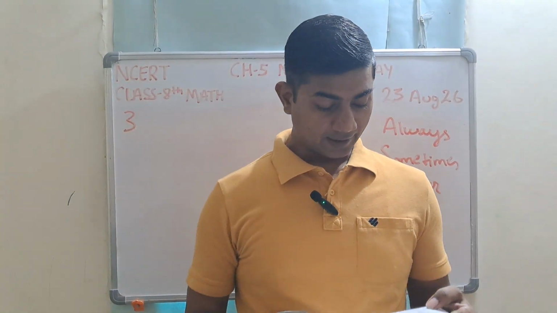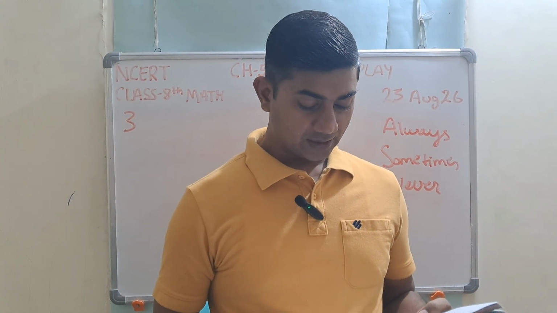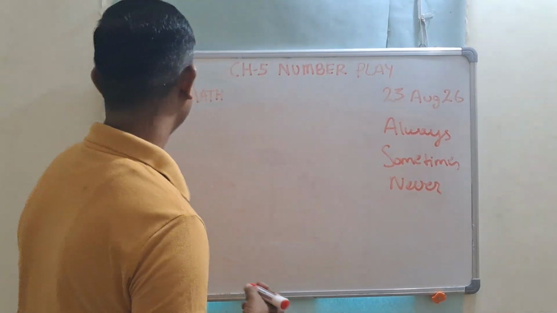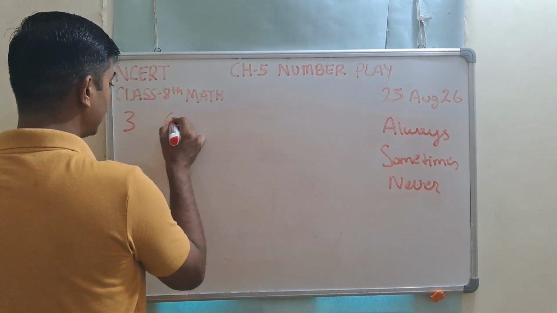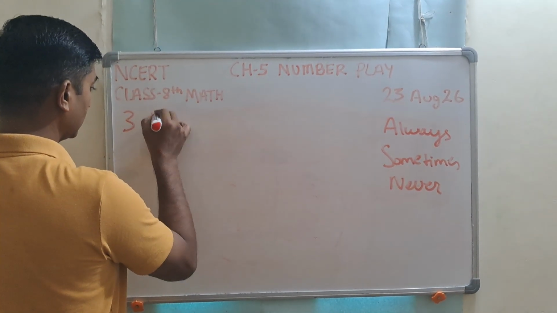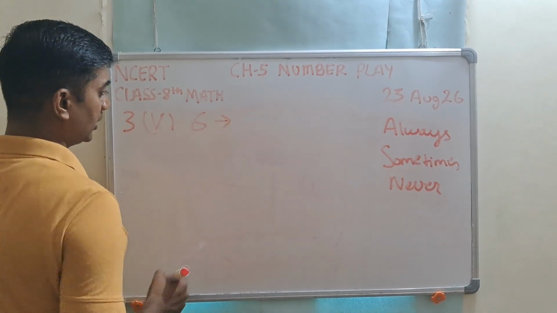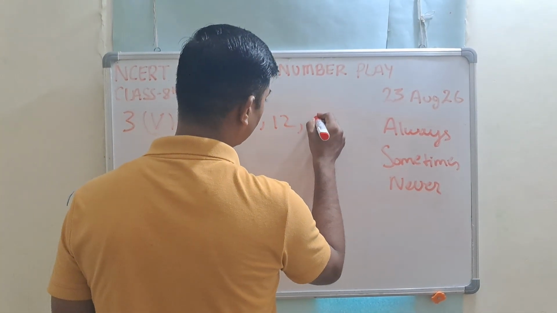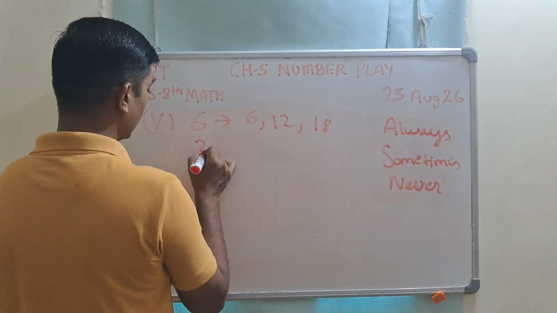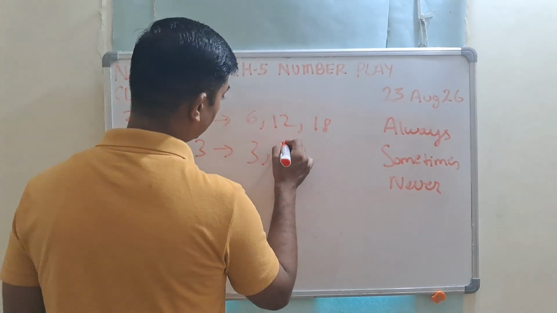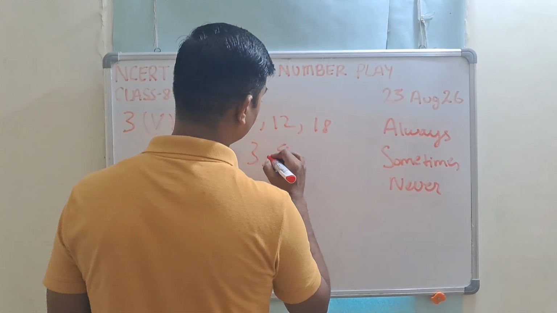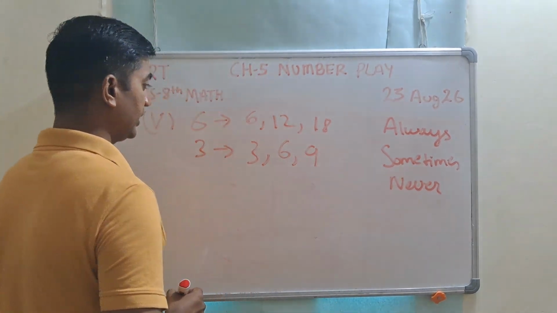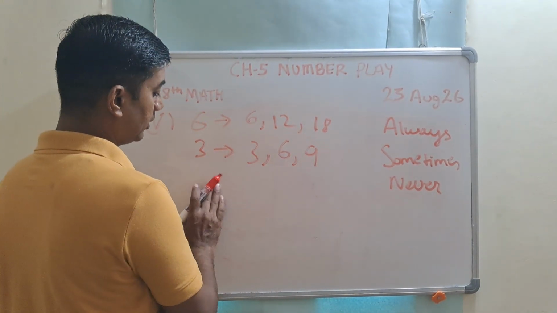What is the fifth statement? The sum of multiple of 6 and 3 is multiple of 9. We'll see. We take first three multiples of 6: 6, 12 and 18, and first three multiples of 3: 3, 6 and 9.